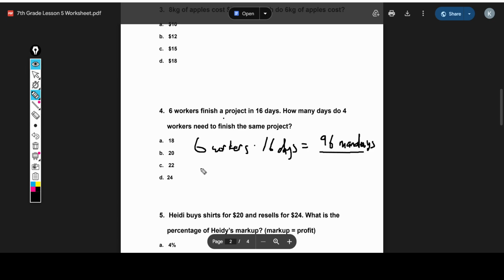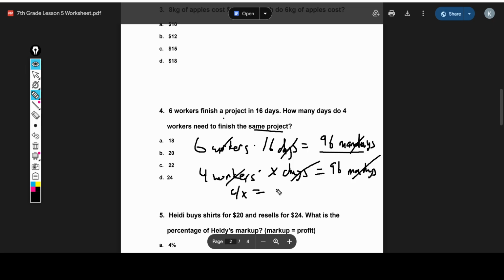So if I have 4 workers, how many days would that take them? I'll put another X. And because it's the same amount of work, it's the same project, this is also 96 man days. And then once again, the units, I'm just going to ignore all of these. And you get 4x equals 96.